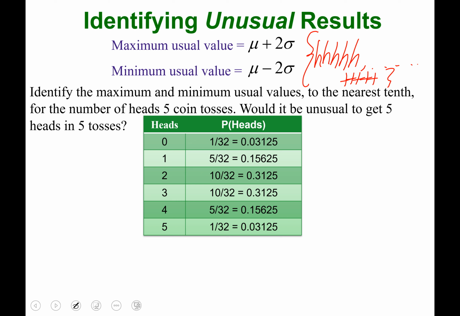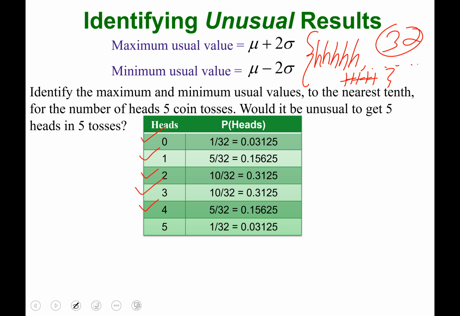And then close your set, and you'll find that there are 32 possible outcomes, one of which has no heads. 5 of them would only have 1 head being flipped. 10 of them, yes, would have 2 heads in 5 flips. 10 of them would have 3 heads in 5 flips.